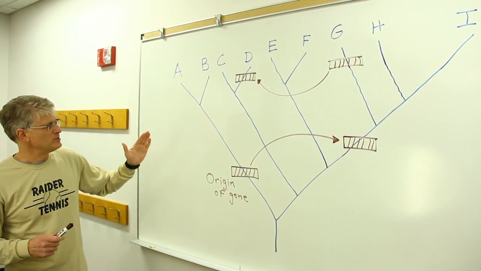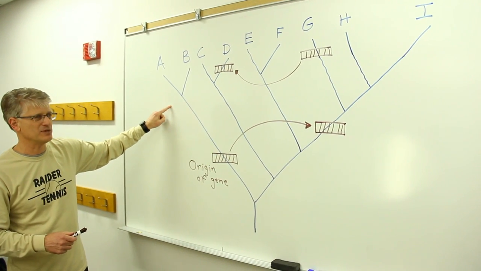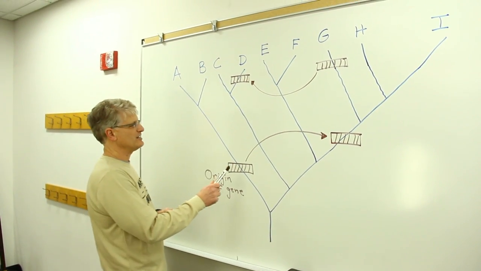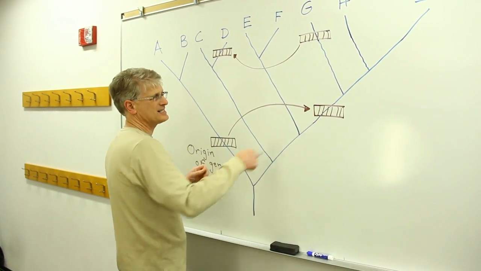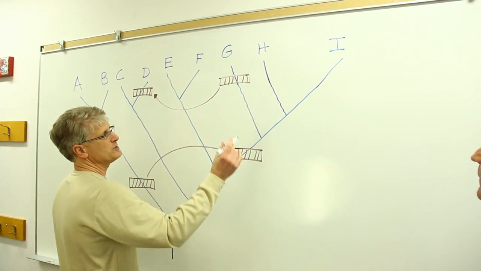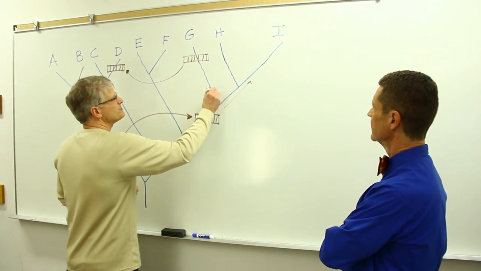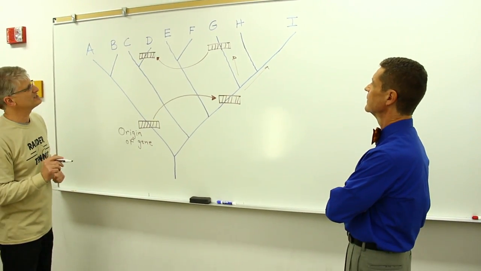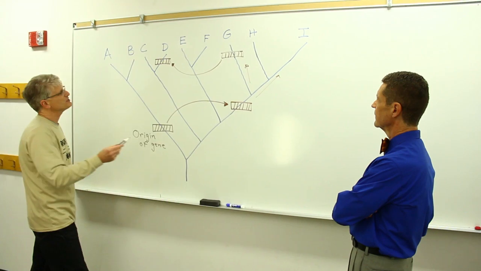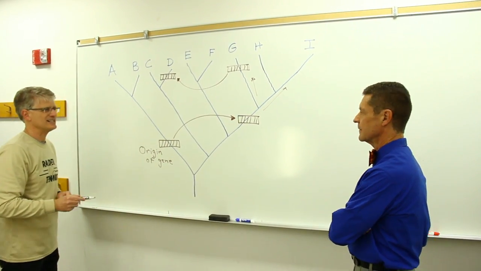You had the origin of this unique gene on the branch going up to A and B. A copy of it was then transferred over to this site on the branch. And then that gene would be propagated up through H and I and up here through G. Then you had a second horizontal gene transfer in which the gene was copied and transferred from branch G over to branch D. That's correct?